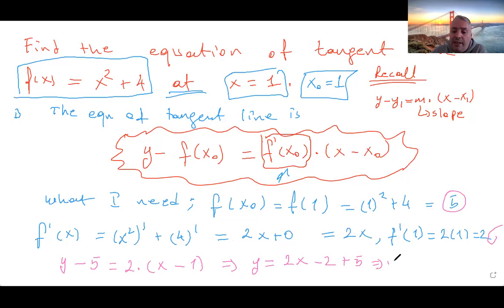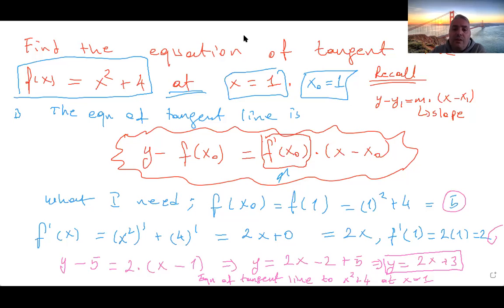So one more step, y is 2x plus 3. That's it. This is the equation of the tangent line to x squared plus 4 at x equals 1.